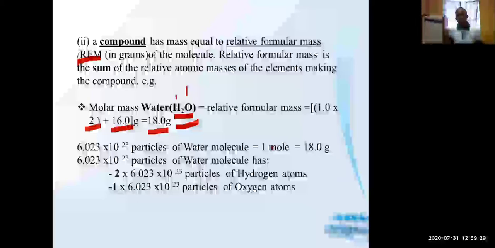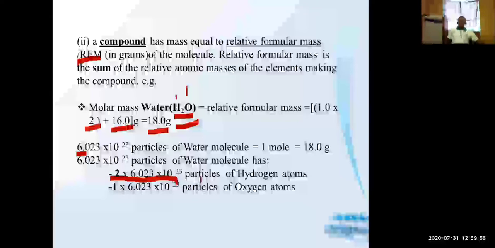If that water contains 1 mole, then it contains particles of 6.023 times 10 raised to power 23, where water will now contain 2 times the number of particles in 1 mole.